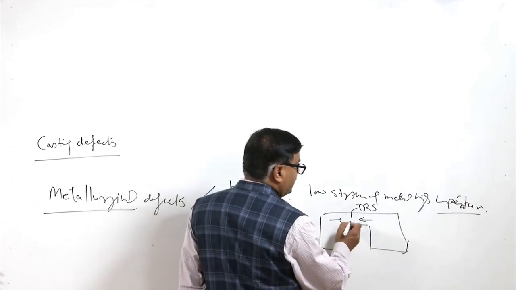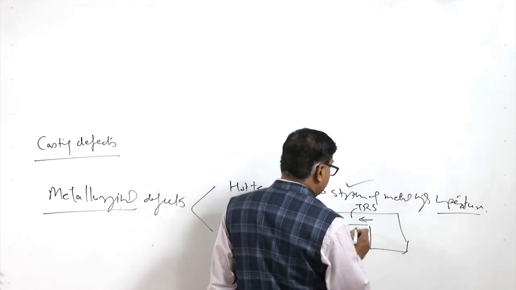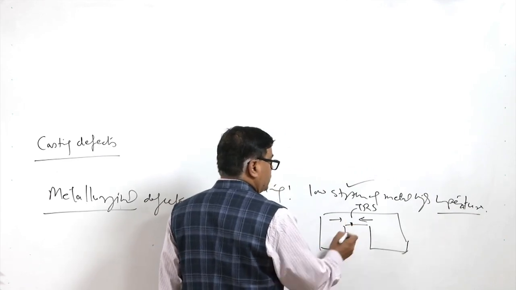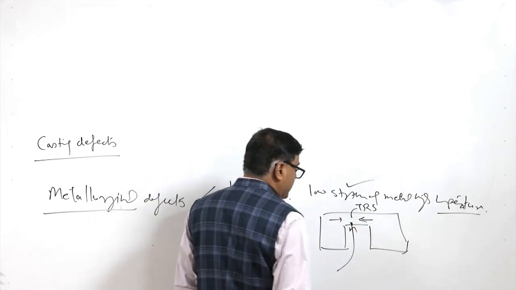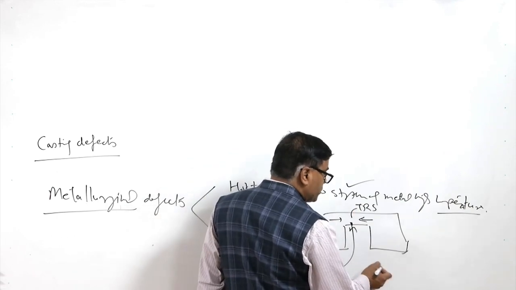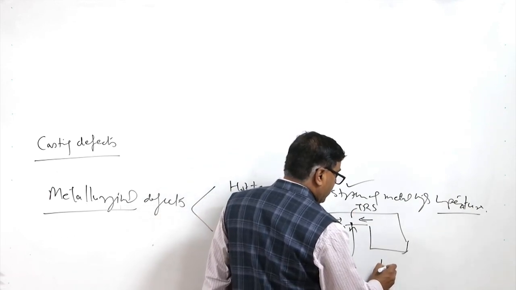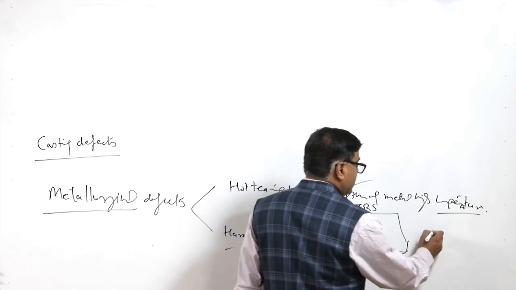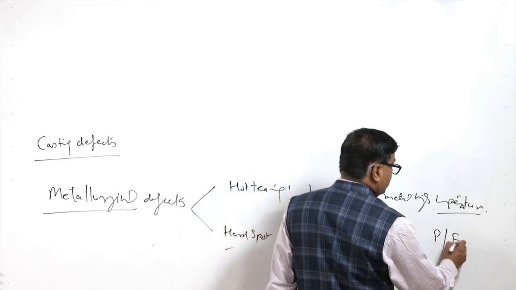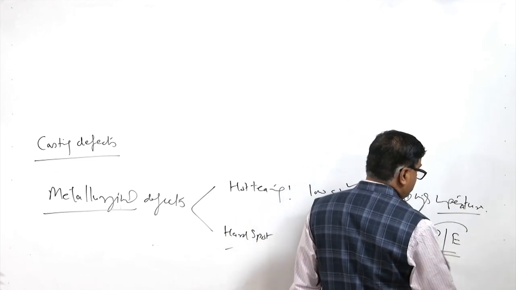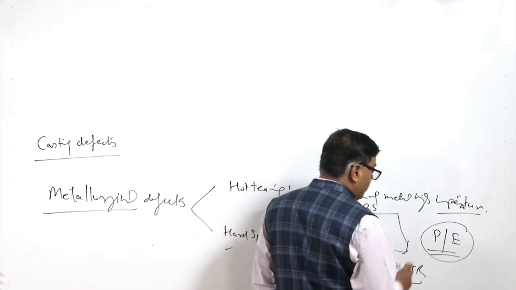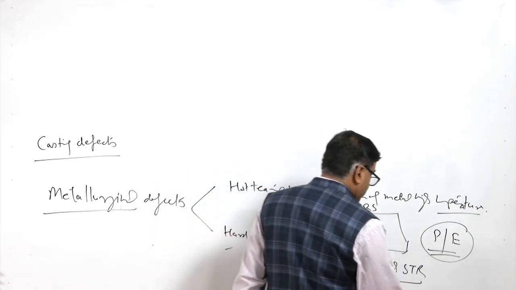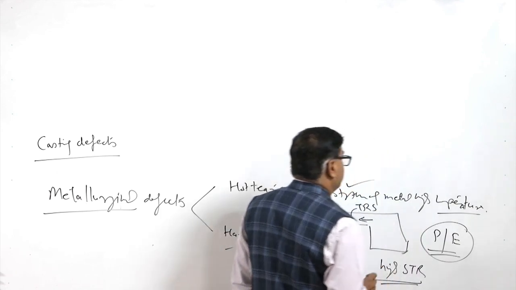If at the high temperature the metal is of low strength, then it leads to the development of cracks, and these are called hot tears. This tendency is found mostly for metals having a wide solidification temperature range. Pure metals and eutectic alloys do not suffer this kind of problem, but metals having a wider solidification temperature range come across the hot tearing problem.